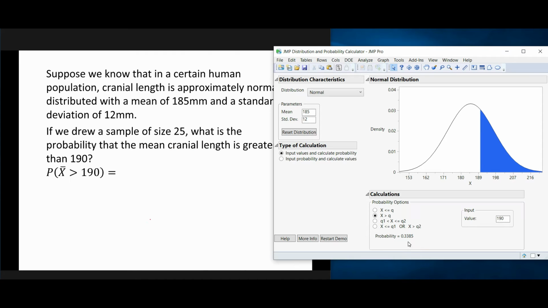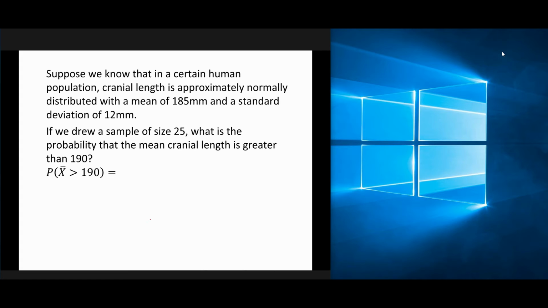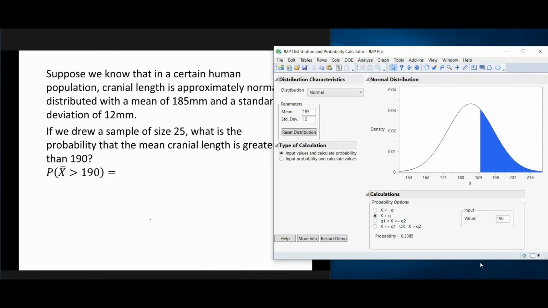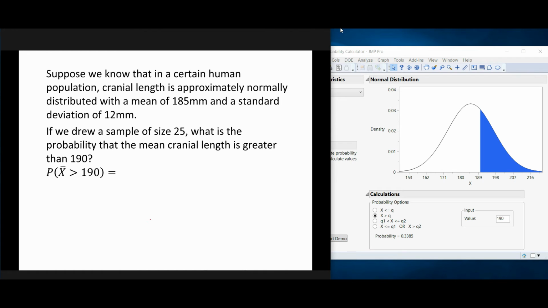Okay, so let's look at this idea with the central limit theorem, where instead of an individual observation, we're looking at the mean of, say, 25 observations.